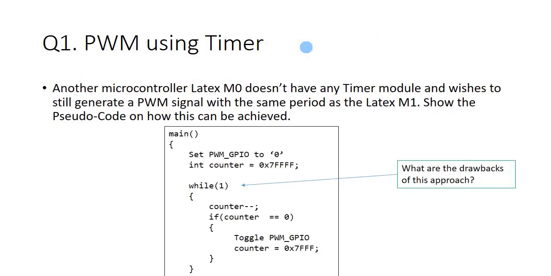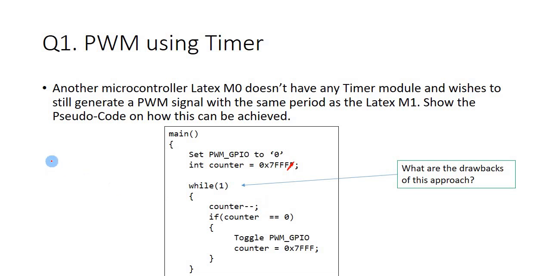Okay, now let's look at this question. Another microcontroller, Latex M0, doesn't have the timer module and wishes to still generate a PWM signal. How can we still do it? This is basically a simple pseudocode, a very similar idea. I think there's one extra F here. So 0x7FFF, and from this starting value, we will decrement.